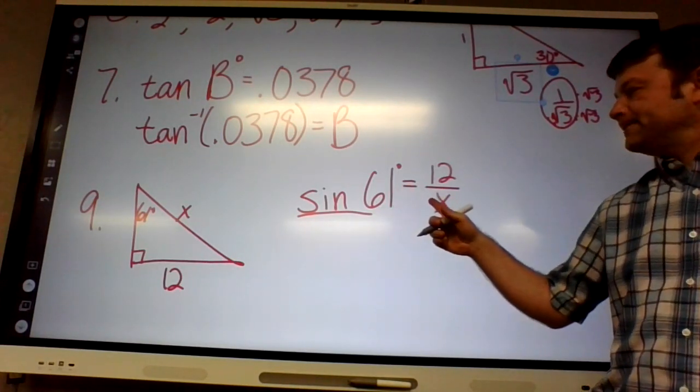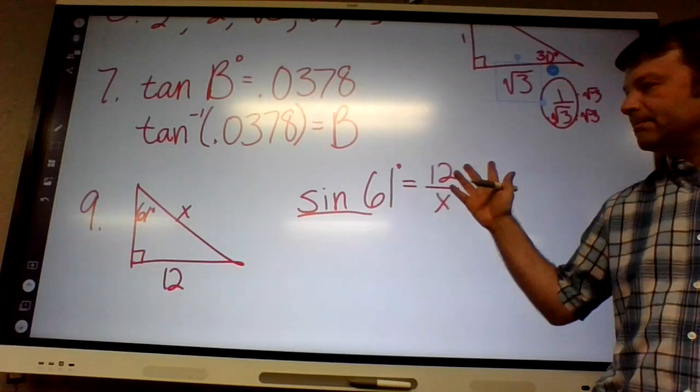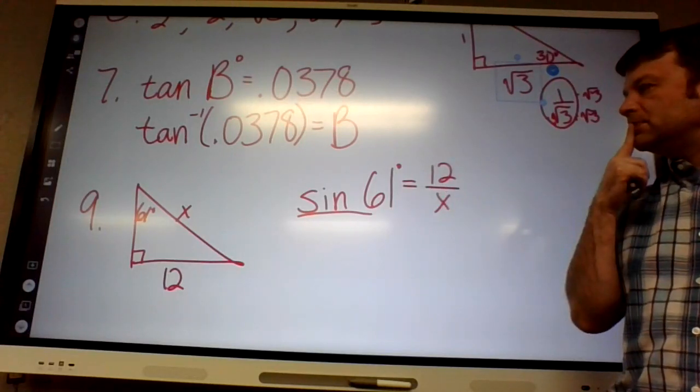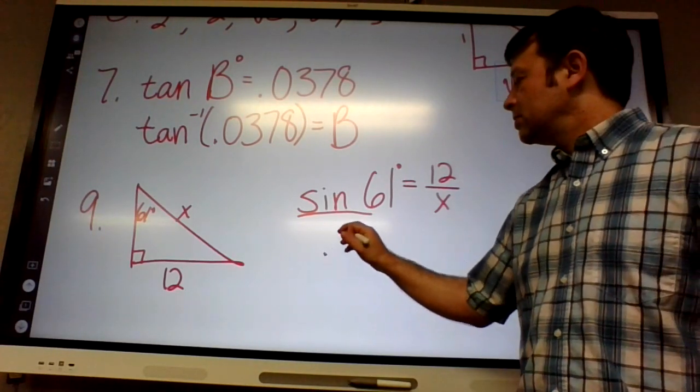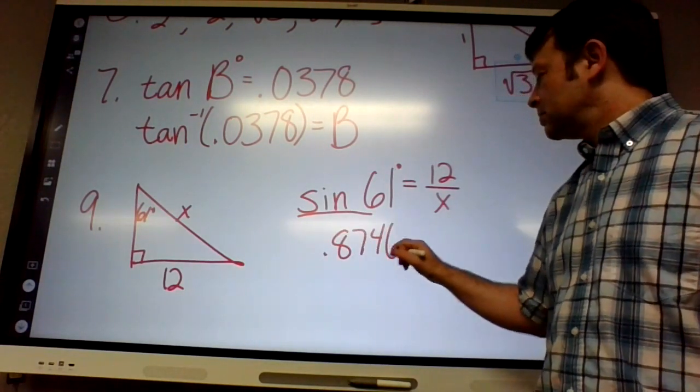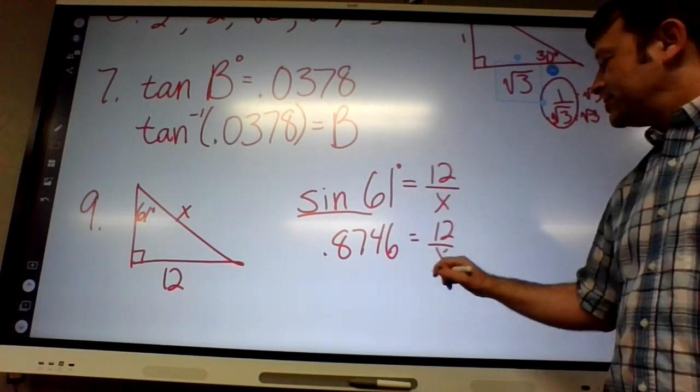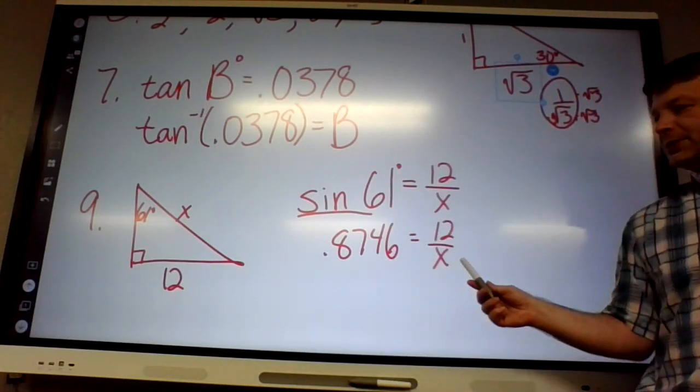Let's go ahead and plug that in and round it to the fourth decimal place. So it's point what? 0.8746. Okay, how do I solve an equation when there's x on the bottom?